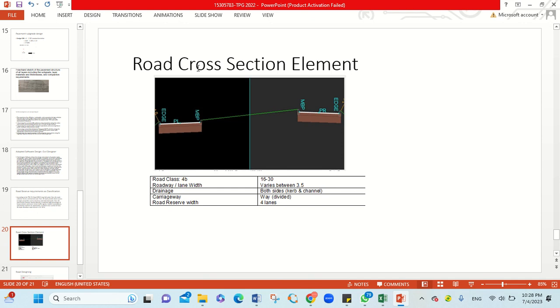This is our road cross-section element, which states as follows: road class, which is 4B, and road reserve width between 16 to 30 meters. The roadway or lane width varies around 3.5 meters, drainage on both sides, curbs and channel, and the road is 4 lane.